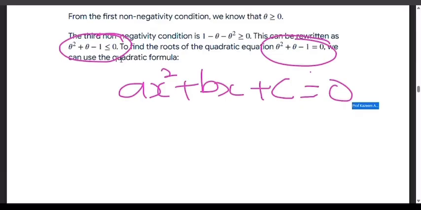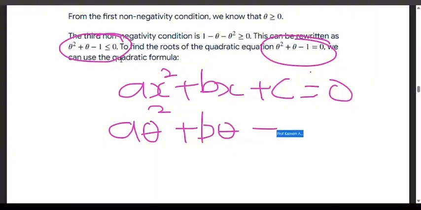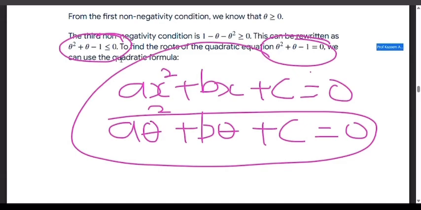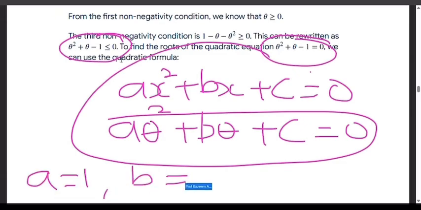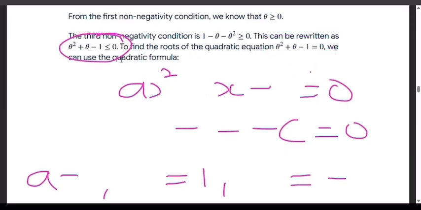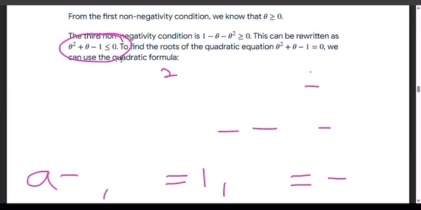Right now, our x is acting like a theta, so a theta squared plus b theta plus c equals 0. When you compare this with what I have here, your a is equal to 1, your b is equal to 1, and your c is equal to -1.